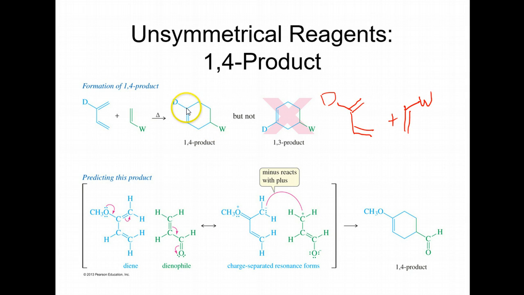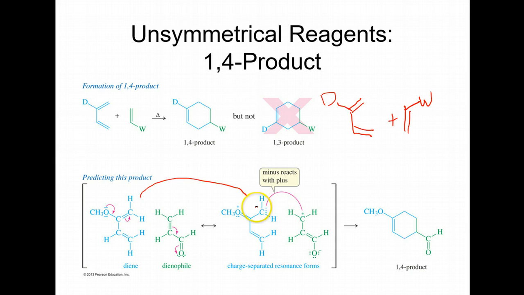Okay, it's 1,4 because if you count 1, 2, 3, 4. Okay, and the reason is because it shows you a resonance reasoning why it's based on electronics. If you have a donating group, all right, these electrons can push in and kick these electrons out onto this carbon. Thereby, this structure refers to this structure, putting a negative charge on this carbon.